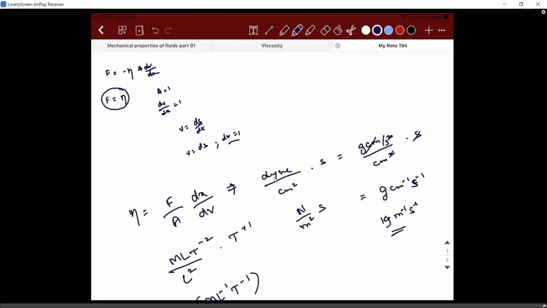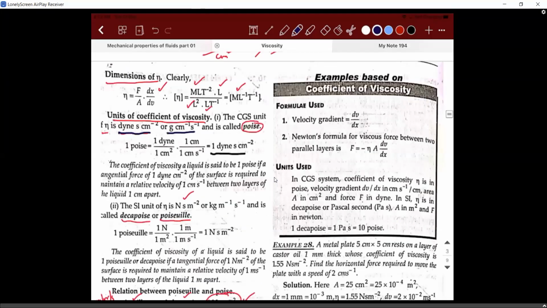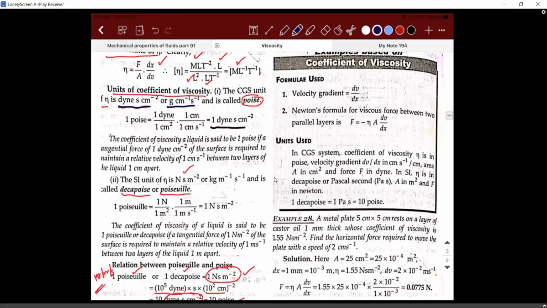These all things have a special name. It is very, very important for you to understand. Okay, shall I move on? Yes, sir. So the CGS unit is going to be dyne second per centimeter square or gram per centimeter per second, which is collectively called POISE.